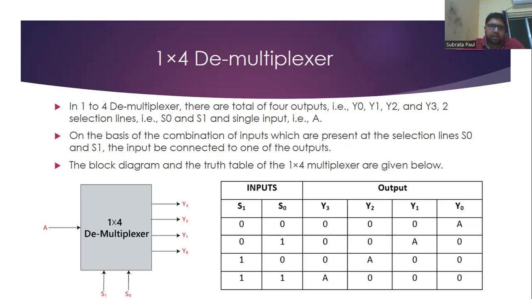As you can see in this block diagram, we will have four different outputs, that is y0, y1, y2 and y3, and this is the truth table.